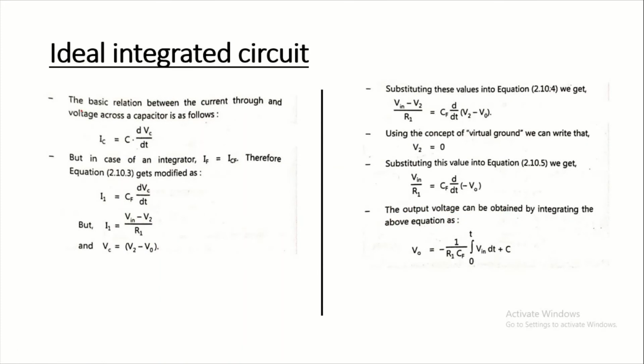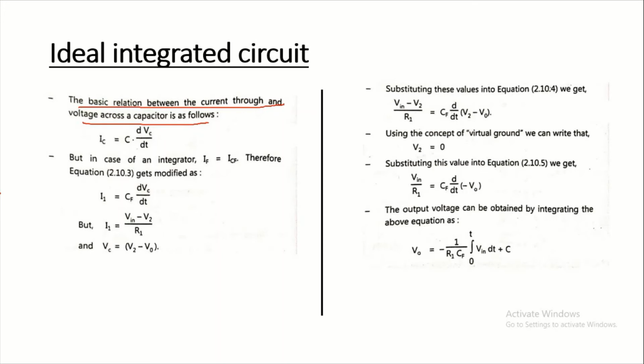Now next, the basic relation between the current through and voltage across the capacitor. Current flowing through the capacitor is given as IC equals C dVc by dt, meaning capacitance times the derivative of the voltage across this capacitor with respect to time.